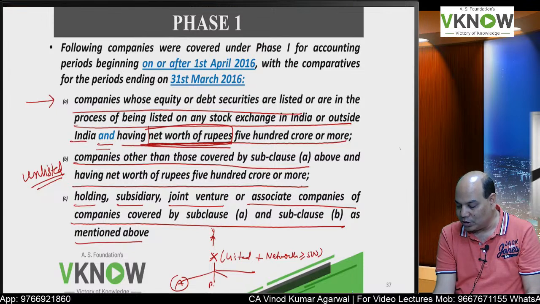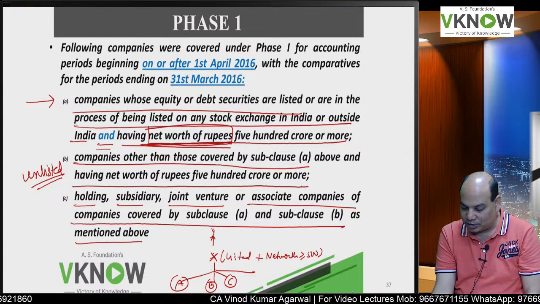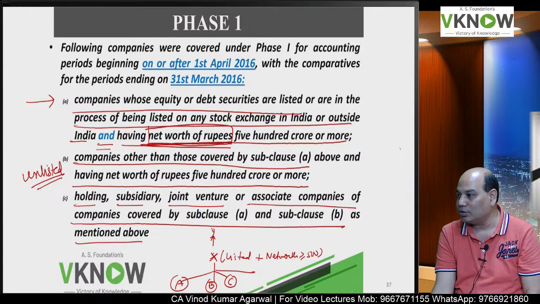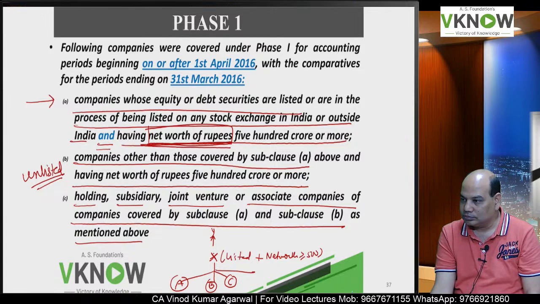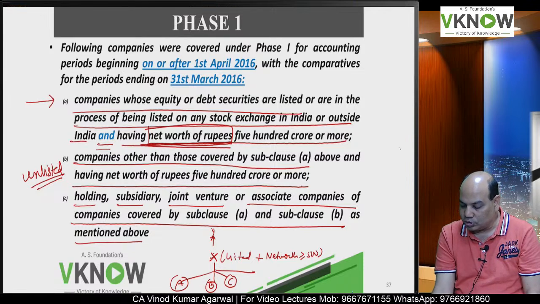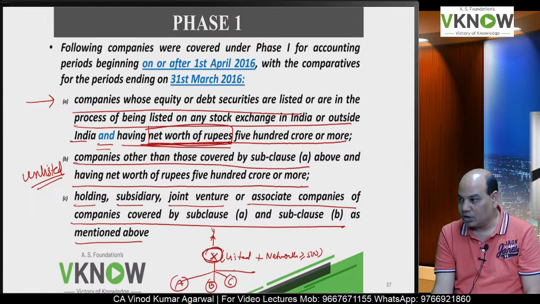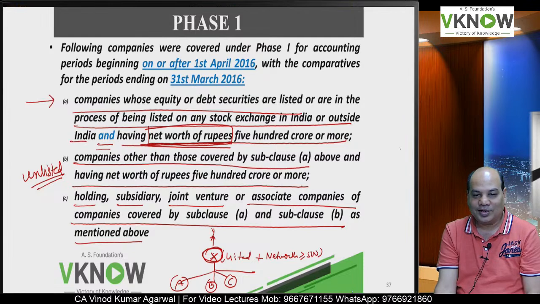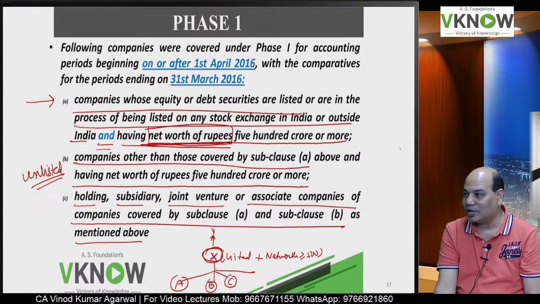It has an associate B, applicable. Joint venture, applicable. Subsidiary, associate, joint venture, they will also start following Ind AS. So Ind AS is like coronavirus in a family. If one person is affected, all family members get affected. Is it right?